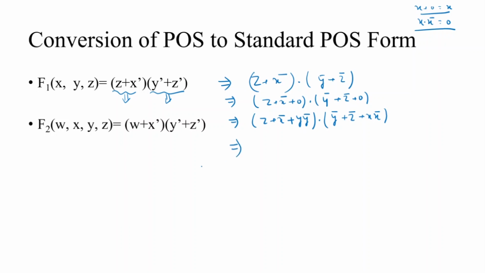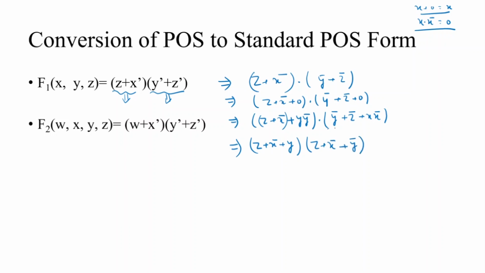Now let's apply the distributive law of plus over dot. This is simply considered as one term, and this is y dot y complement. This means this is written as z plus x complement plus y in one term, another term z plus x complement plus y complement.